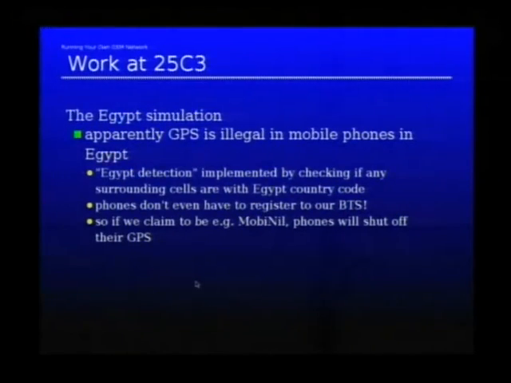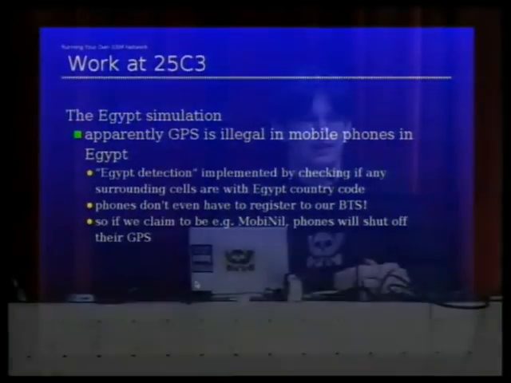Just if they see it somewhere in the vicinity, they say, we're now in Egypt, we have to switch off GPS. Not all phones do that, but we've had some Nokia phones, and with the iPhone it was not quite clear, but apparently it also seemed that way. So now basically you have something like a GPS jammer, not even doing anything related to GPS.